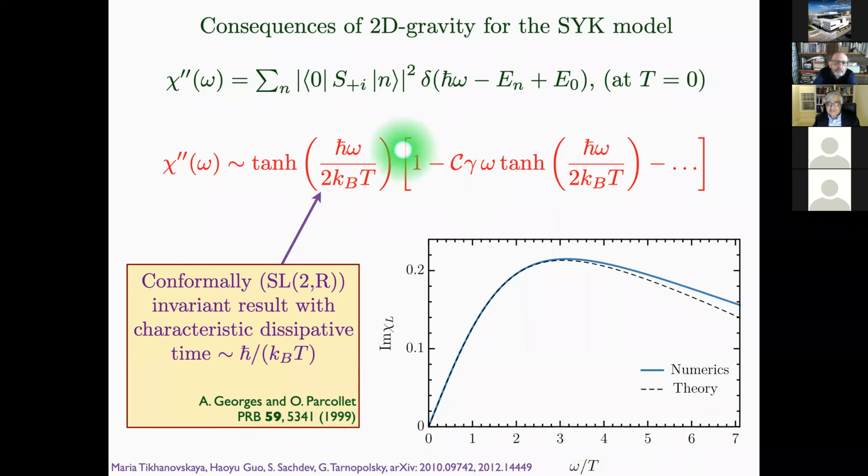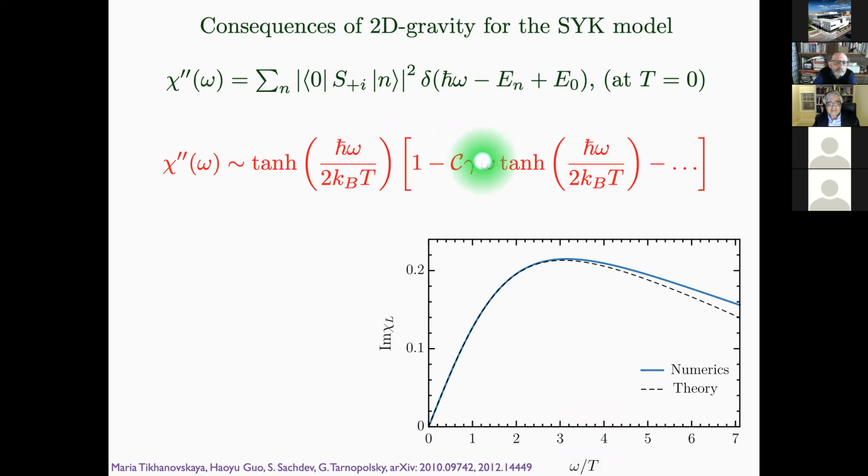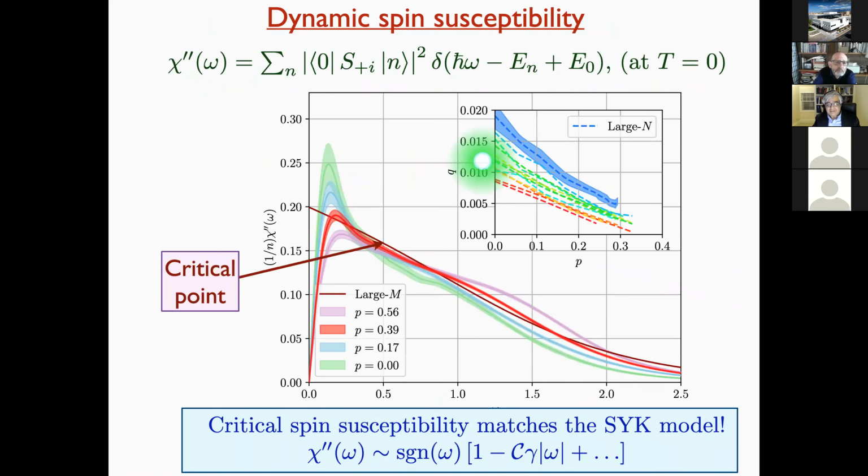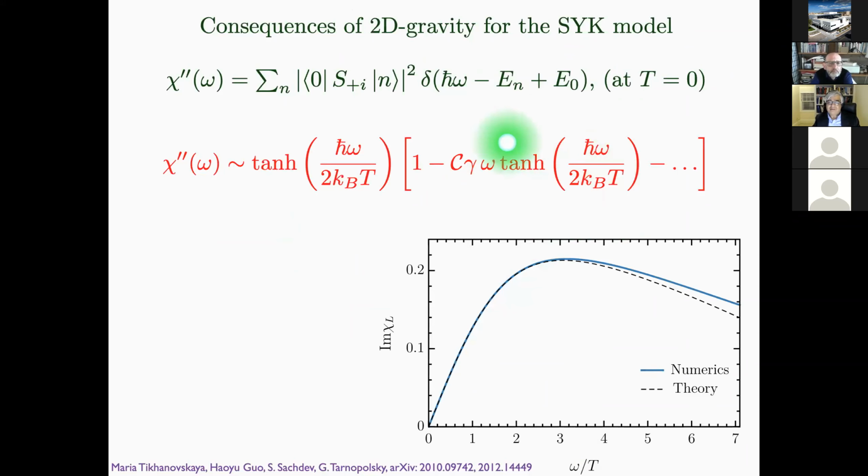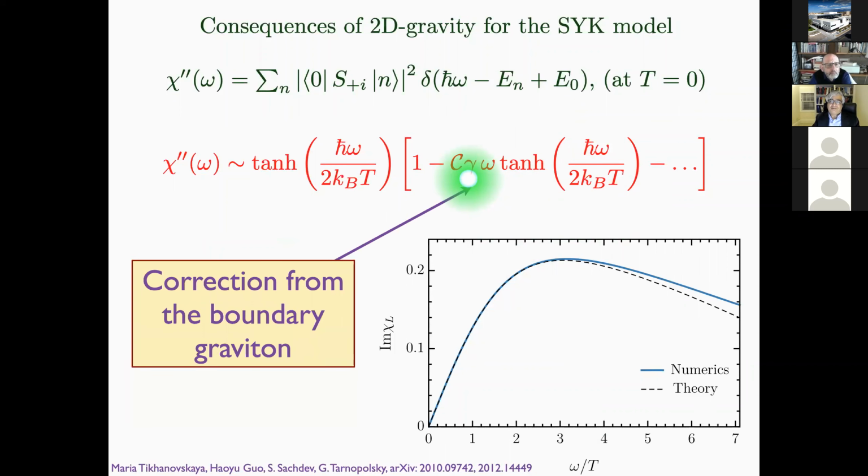And this frequency dependence, this linear frequency dependence here, is a constant plus a linear term. So I showed you this constant becomes this Planckian tanh. And then this linear part, which is this term here at finite temperature, that is the contribution of the boundary graviton in this model. So if you work through holographically and then work backwards, what the contribution is for this particular physical quantity in this TJ model, this is linear frequency dependence of the spin susceptibility at the critical point, which you see in our numerics.